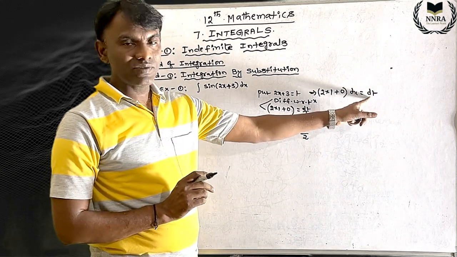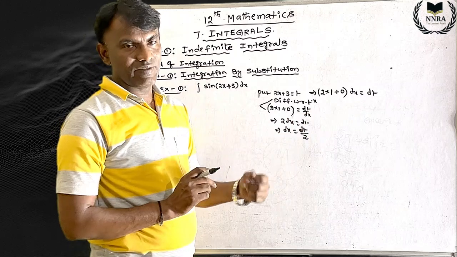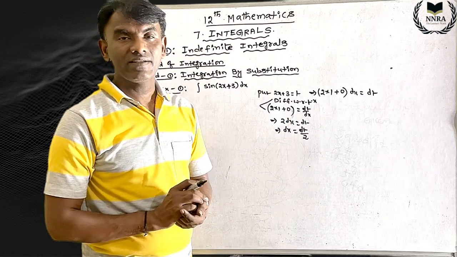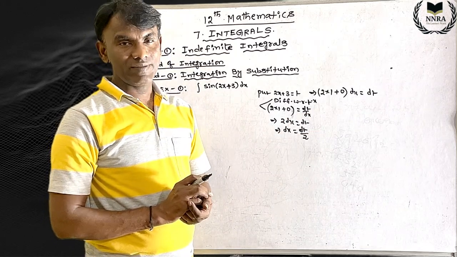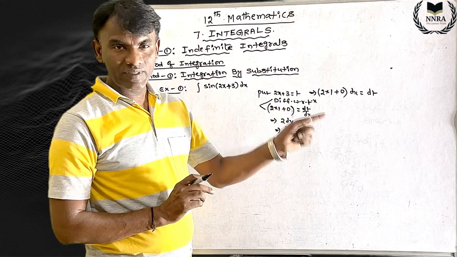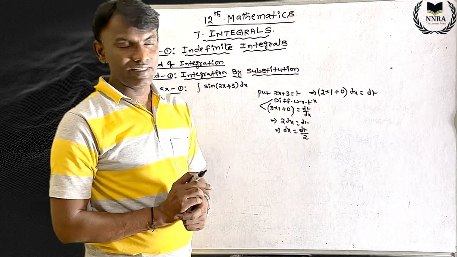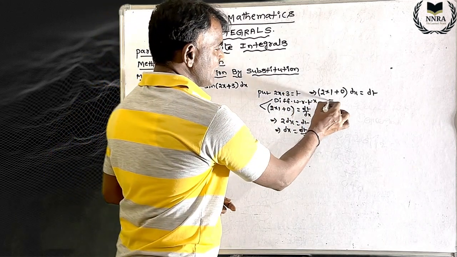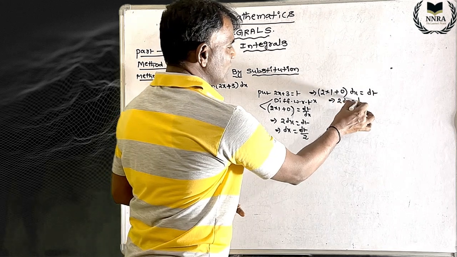Suppose it is t square, just write 2t dt. Why? Because the derivative of x power n is n into x power n minus 1. So 2 into t power 2 minus 1, variable t means dt. And from this we get 2 into dx equal to dt.